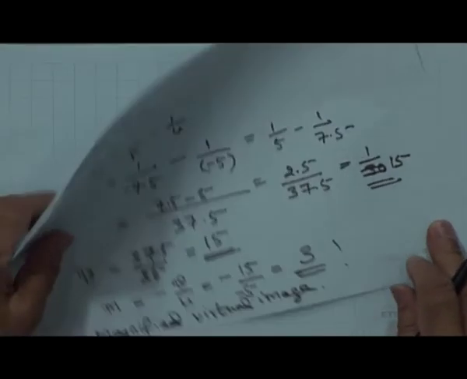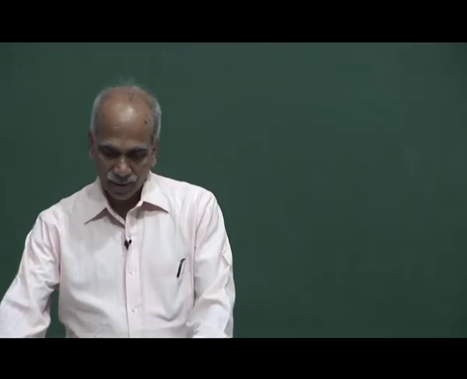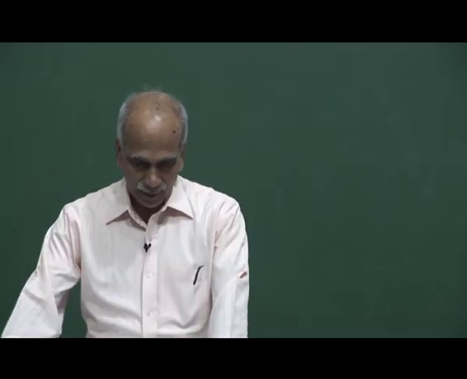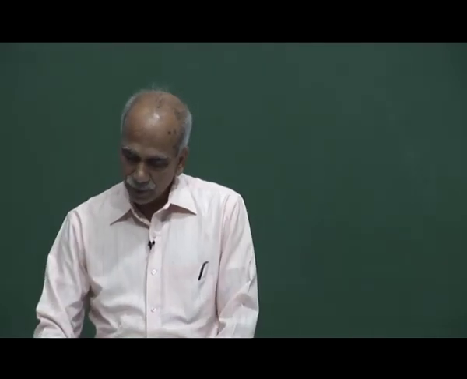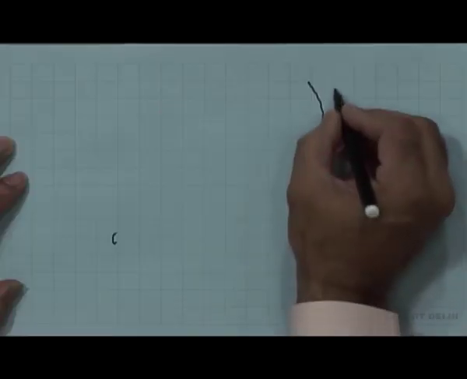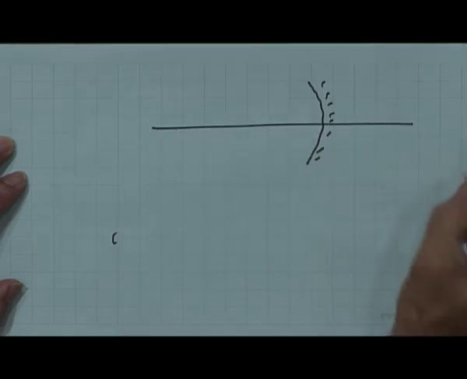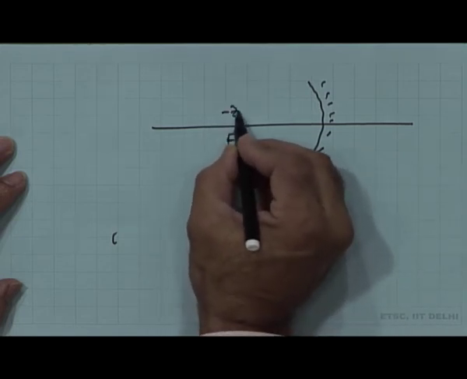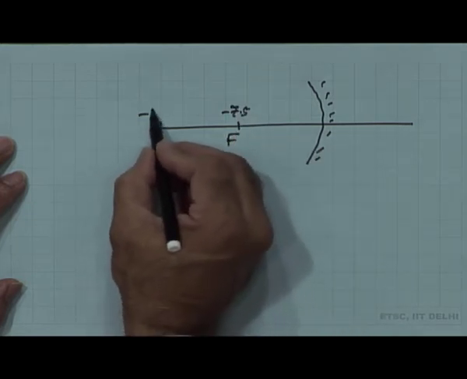This is obvious for us, because right now we have, so let me keep the diagram. Let me draw it again. So, here it is. This was f, which was minus 7.5, c was minus 15.